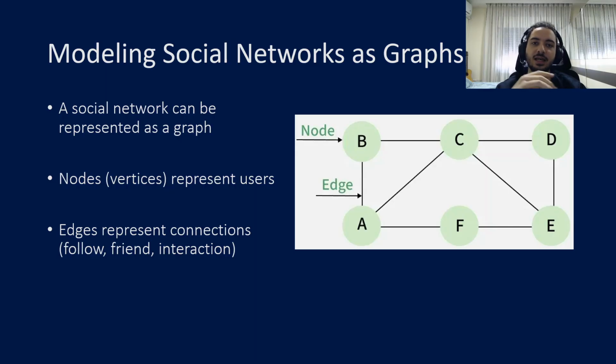For example, if one user follows another, we represent that as an edge between them. By modeling the network as a graph, we can analyze relationships and apply algorithms to study how influence flows through the network. This approach simplifies a complex, real-world system into something that we can study and understand more easily.